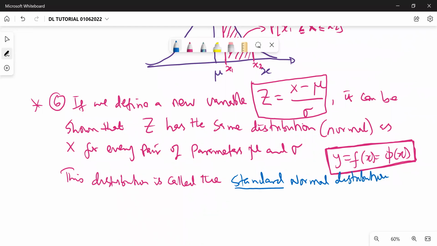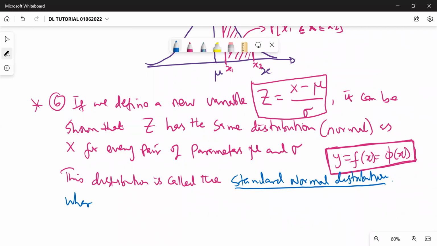And this is what we'll be talking about from now up to the end. Because you know that the standard normal distribution is just a special type of the normal distribution, but it's a normal distribution.